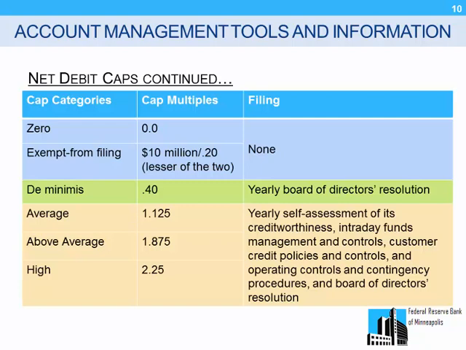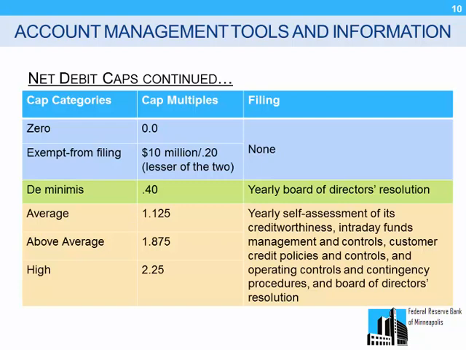The most common one, the exempt from filing, or sometimes just referred to as the exempt cap, requires very little in the way of a healthy institution to do anything. They don't need to do any self-assessment or submit a board of directors resolution, and it allows them to have daylight overdrafts up to the lesser of $10 million or 20% of their risk-based capital.